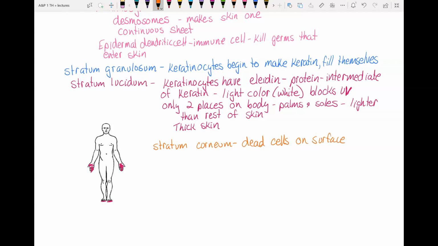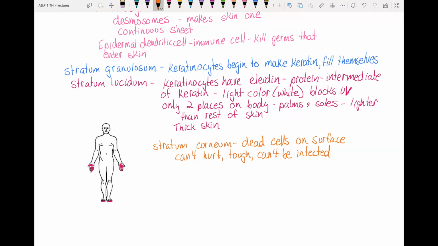So the top layer of your skin is dead. And this is really helpful. This protects you. You can't feel what happens there. It's dead, so it can't be hurt. It's tough. It can't be infected because it's already dead. And it's just this protective surface layer.